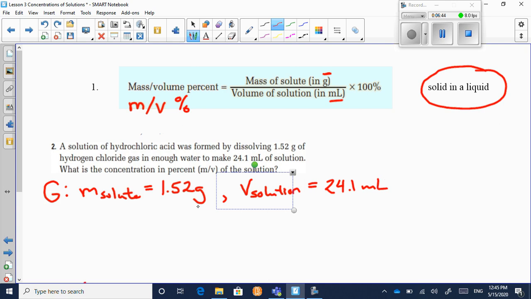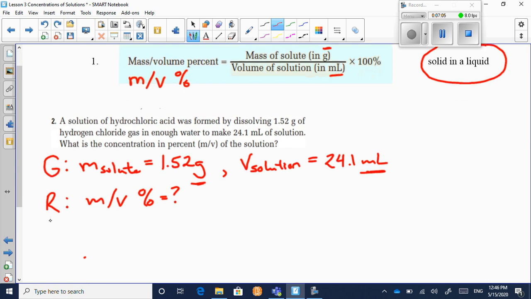And I notice right away that I have the grams that I need and the milliliters that I need. And they're asking us, what is the concentration in a percent M/V? Okay, so required is this M/V, the mass volume percent, is our question mark.